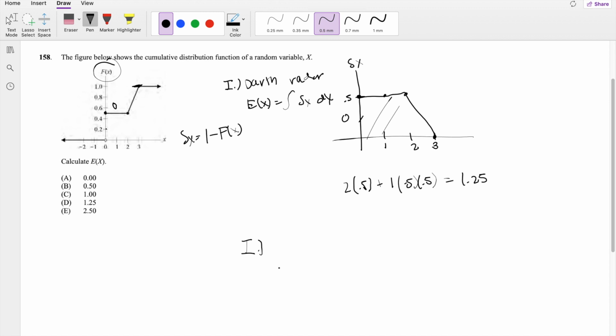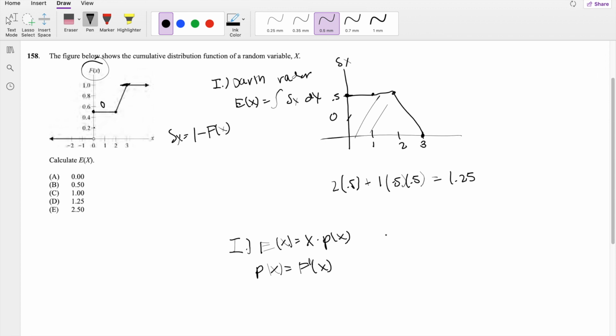Method 2 is using the fact that they give you the cumulative distribution function, and we know that the expectation of x is just equal to x times the probability of x. And the probability of x is just the derivative of the cumulative distribution function. So same idea here. When x is negative, it's a constant at 0, so we can just assume the probability is 0 when it's negative.